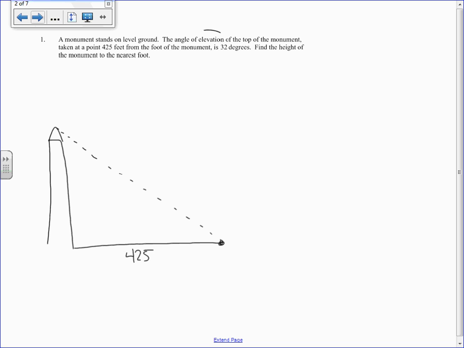When I look up, that's my angle of elevation, and that's 32 degrees. I want to find the height of the monument. And remember, we live in a perfect world, so this is a right angle. So now I've got a right triangle. I'm looking at this angle. I want the opposite side. I know the adjacent side. Remember SOHCAHTOA.